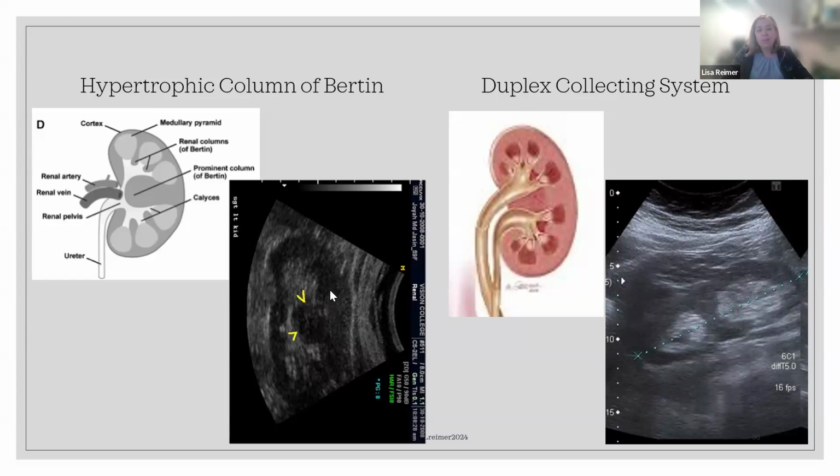The difference between the one on the left and the one on the right is that the column of tissue that's wider or hypertrophic will not go all the way through the renal sinus. This one will. So this one tells us there are two collecting systems. This one's more vulnerable for hydronephrosis because the ureters can get kinked.